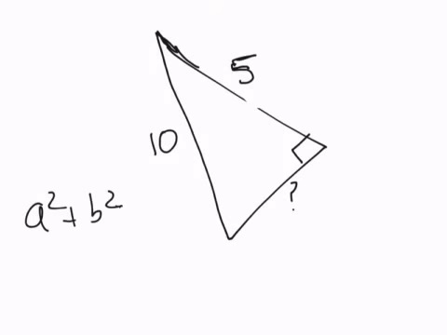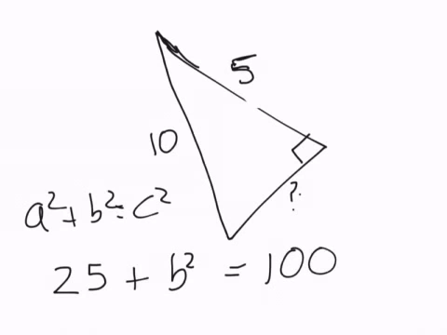A squared plus b squared equals c squared. Let's say a is 5. So a squared, 5 squared will be 25, plus b squared, let's call this one b, equals c squared. C is the longest side, that'll be 10, and so c squared would be 100. So 25 plus b squared equals 100.